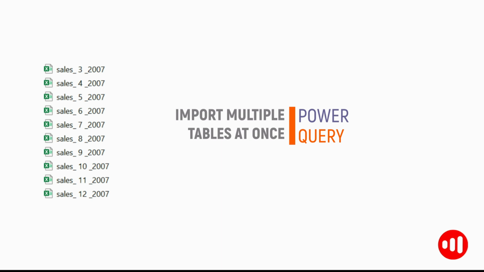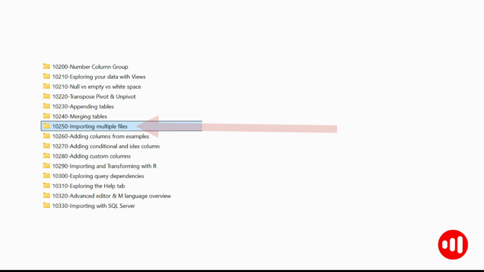In this case, we have sales data from March 2007 to December 2007, and I will load it all at the same time in Power Query. All of those files are in this single folder. This folder is 10 to 50, importing multiple files. And if I double click this folder, you'll see that all of the files are in here.